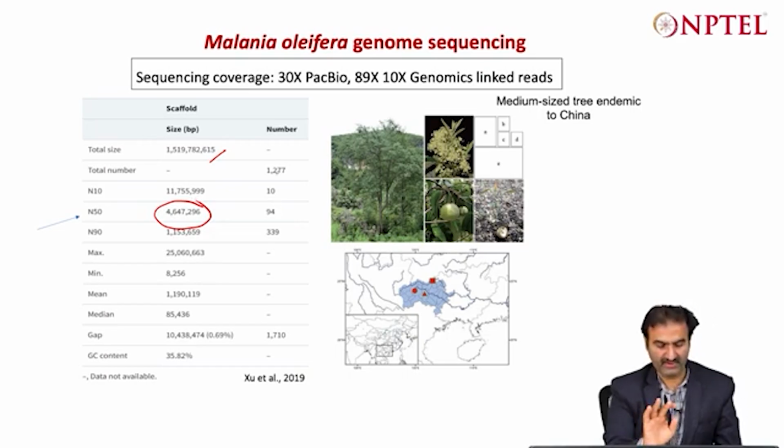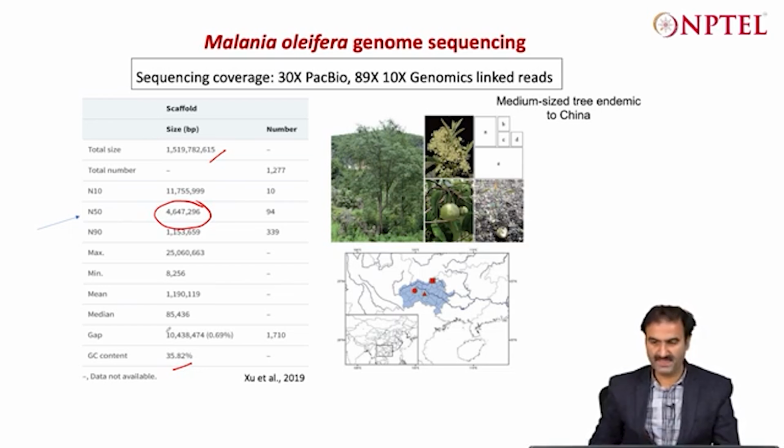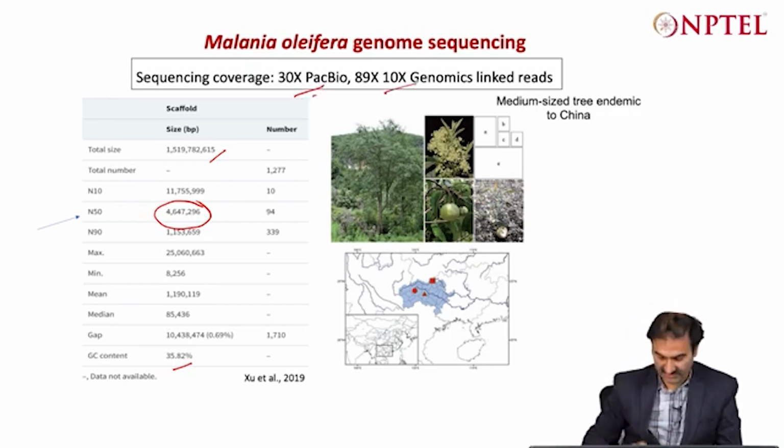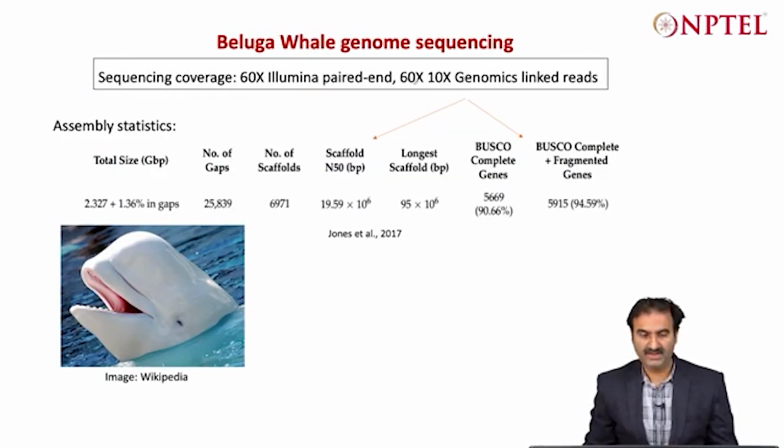So this also means a good assembly, and there are other statistics like GC content, L50 and N50 that they were also reporting. Here also long reads and short reads were used, and Chromium link reads were used. Another fish genome was published in 2017.